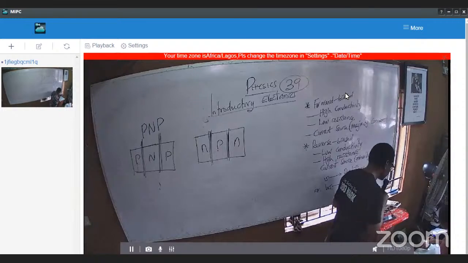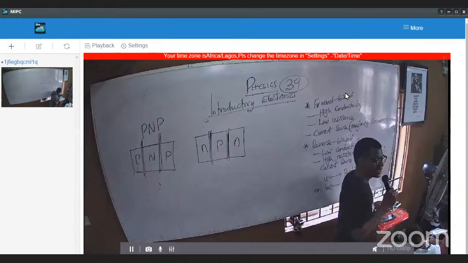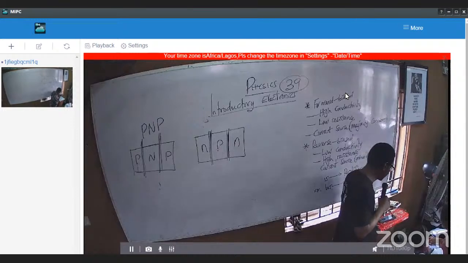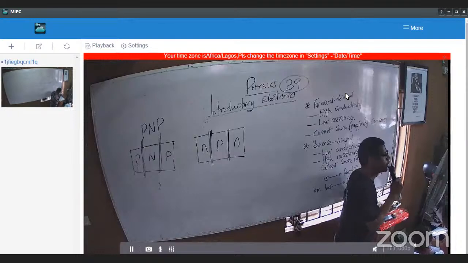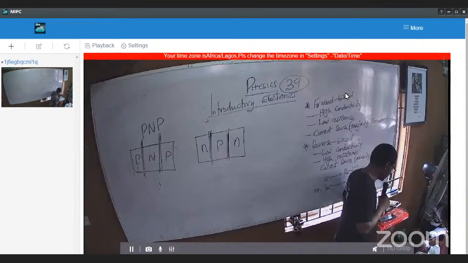Option A, insulators; option B, conductors; option C, semiconductors; option D, metals. In that option, there are two options that are the same. So what's the answer, everybody? Insulator.